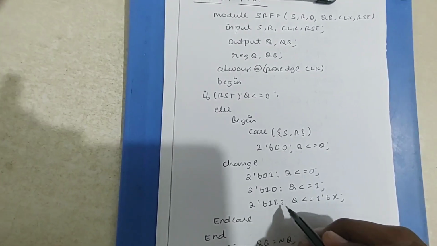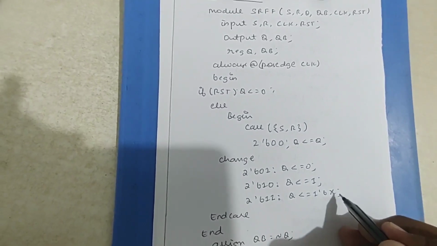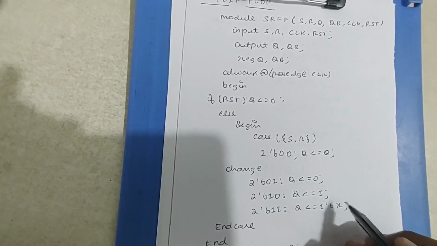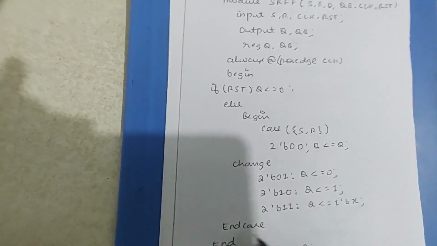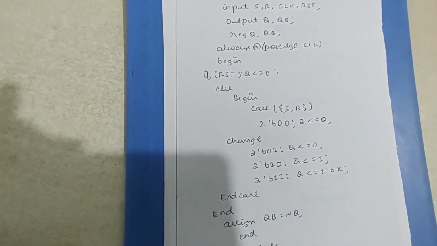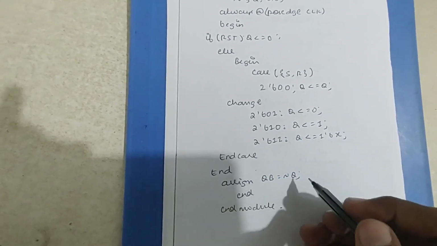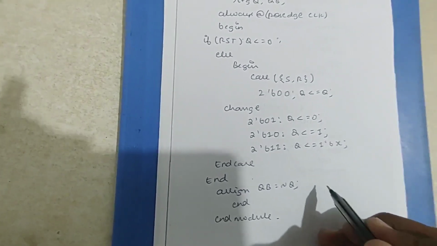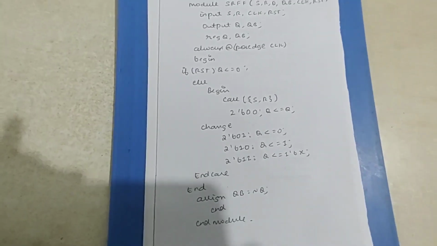If SR is 2'b11, indicating the invalid state of both set and reset, Q is left undefined, using X. Now end case and end, and now we assign QB equals not Q. This line assigns the complement of Q to QB, calculating the complement of the current state, and here is the end module.